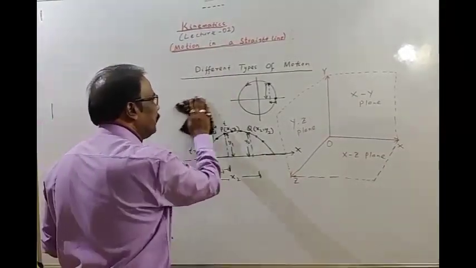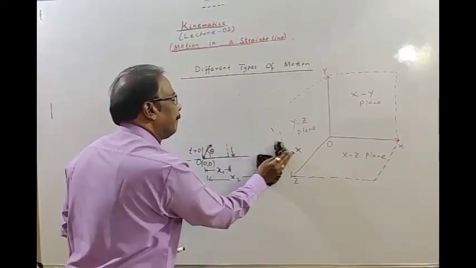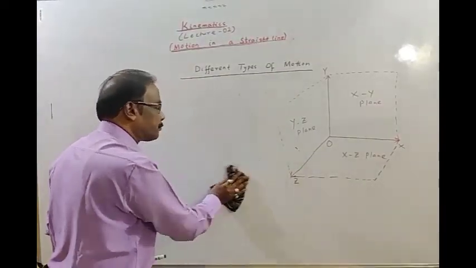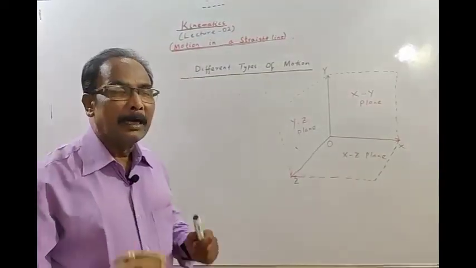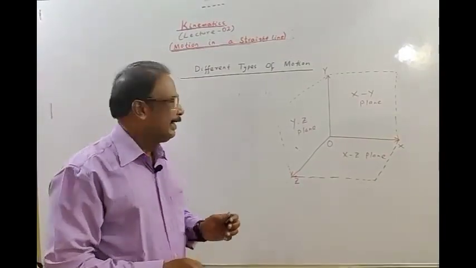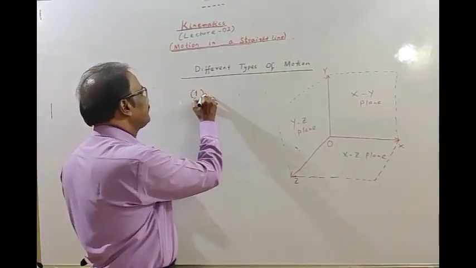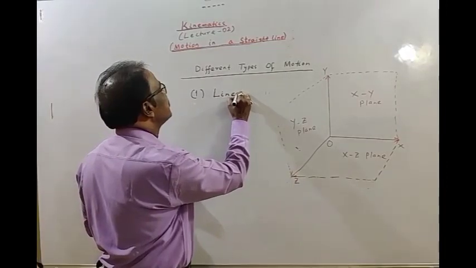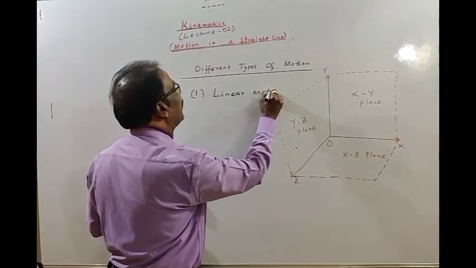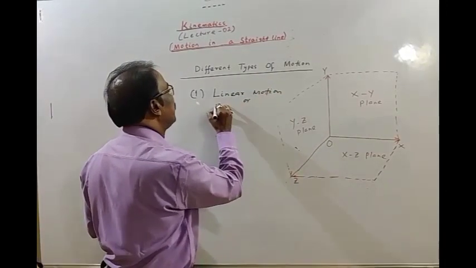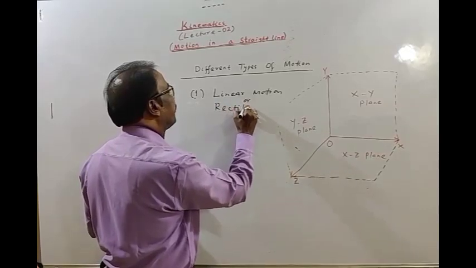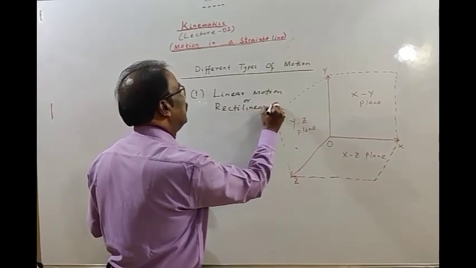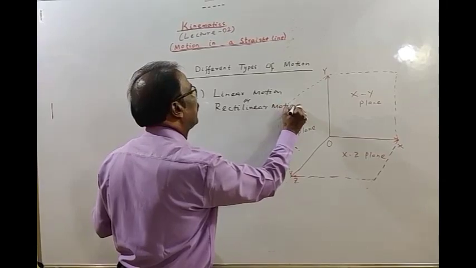Then we may classify motion again into different types. Let's discuss all these types of motion. Number one, linear motion, also called rectilinear motion.